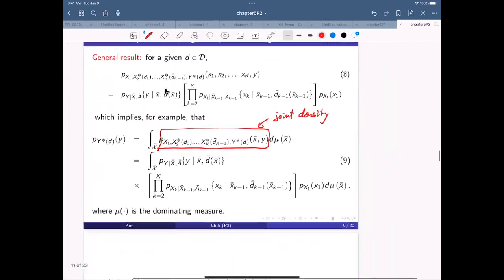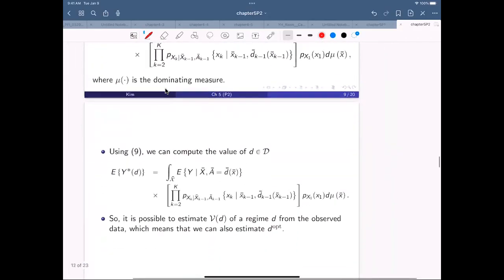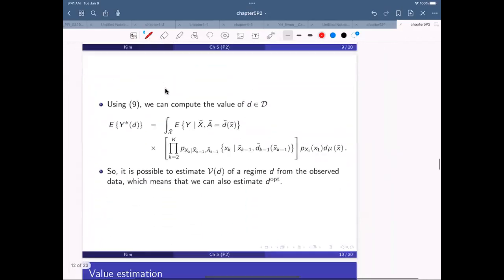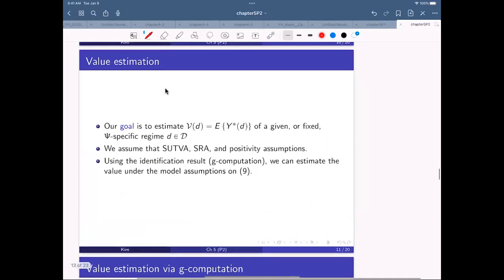If you think of using a simulation to estimate it, basically we are going to sequentially simulate. So I plan to explain it soon. Suppose our goal is to estimate this one for a particular rule.